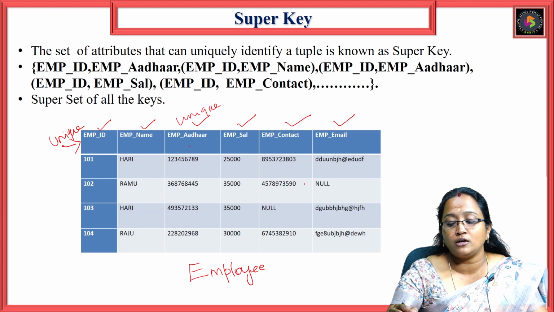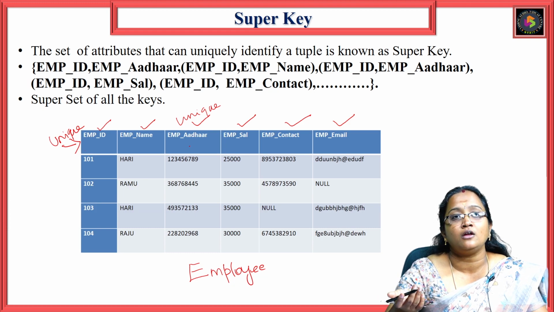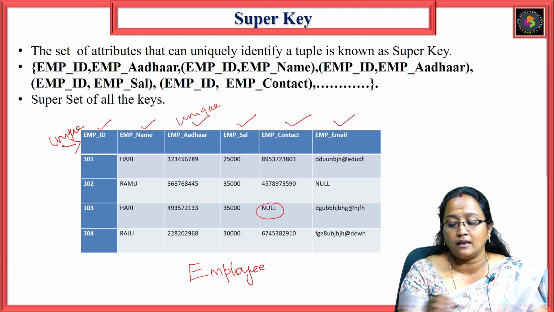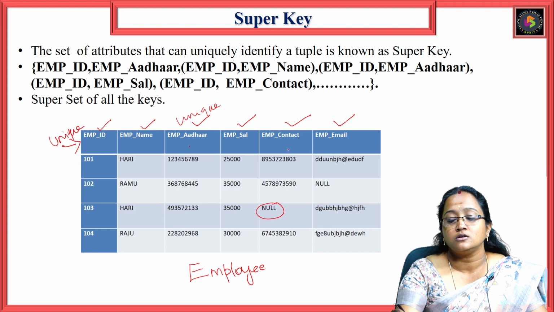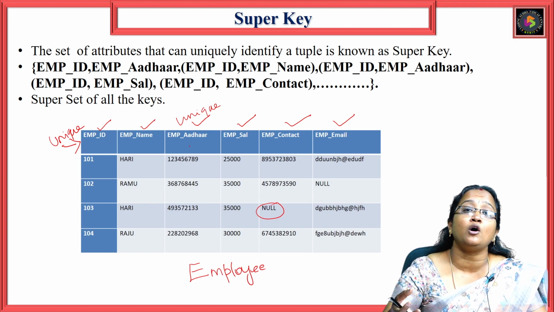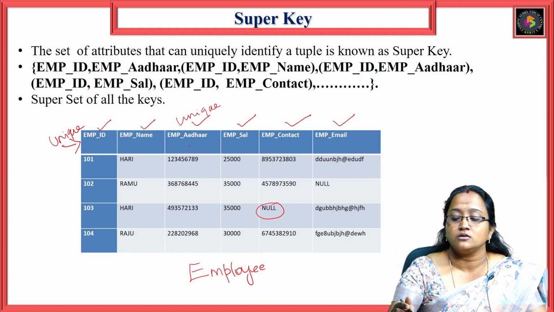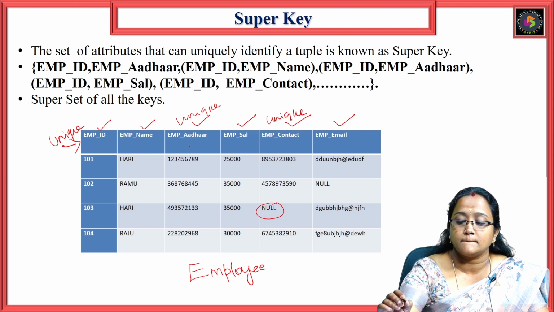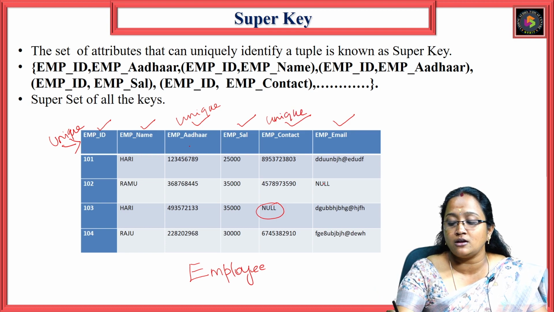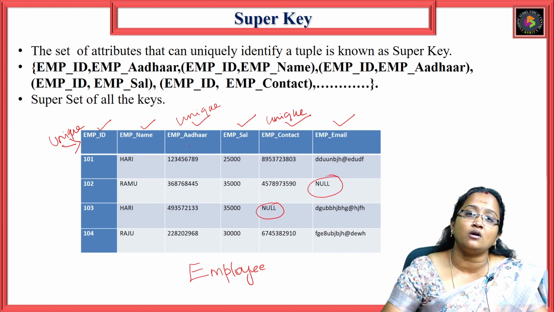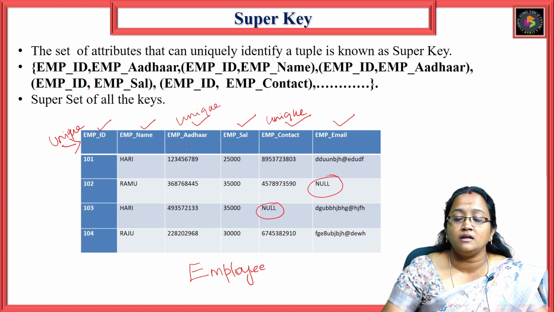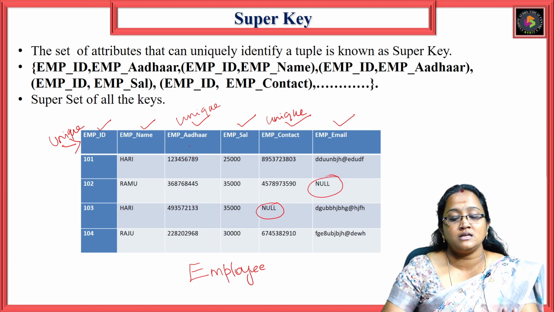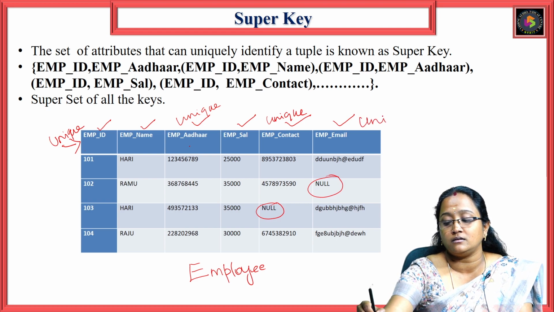Employee contact is also not mandatory, as not all employees are required to have a contact number, so we can mention it as null. Null values can be accepted. Employee email also, it is not mandatory for all employees to have an email address. So here these are the uniquely identified attributes.